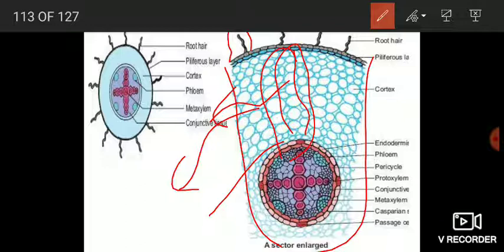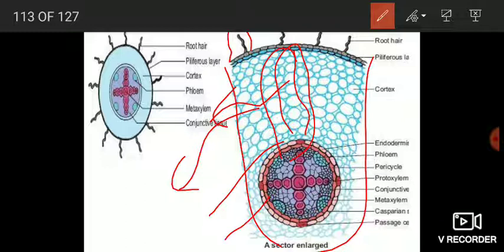The endodermal cells possess Casparian strips on their radial and tangential walls, which is made up of suberin. Then we have the pericycle, which is multi-layered here. Okay, here it is only single layer, but you have to remember that in the image they have just made it single layer for the sake of convenience. But you have to remember that the pericycle in case of dicot roots is made up of many layers.